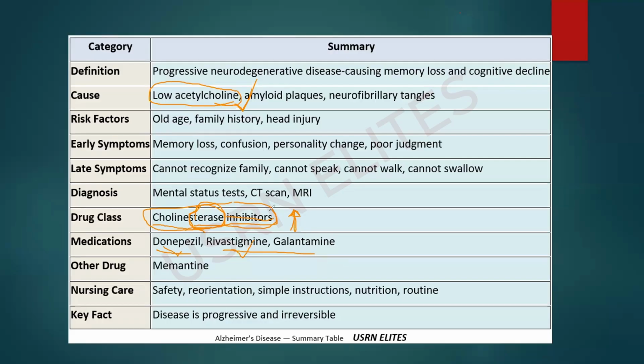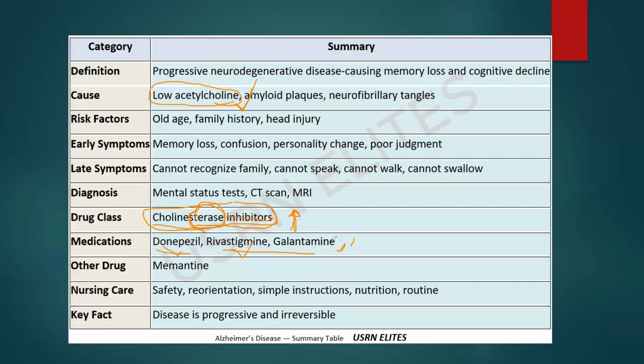These are examples of cholinesterase inhibitors. They prevent the degradation of acetylcholine, and therefore help to increase the concentration of acetylcholine, and that's in the brain, please, precisely in the brain.